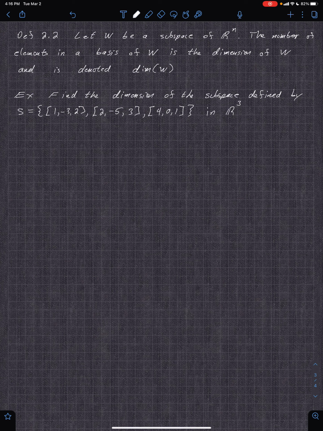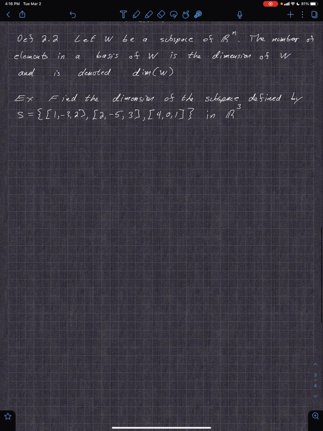So basically what you're doing is seeing whether any of these vectors are linear combinations of each other. If you get a 1 and a bunch of zeros and everything else zeros out, that means it's all the same plane, essentially. Or you could get 2 of them to be linear combinations of each other, and then this would be dimension 2.